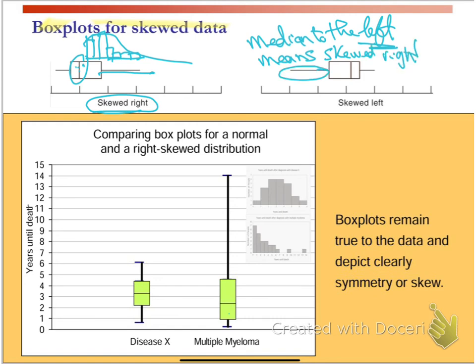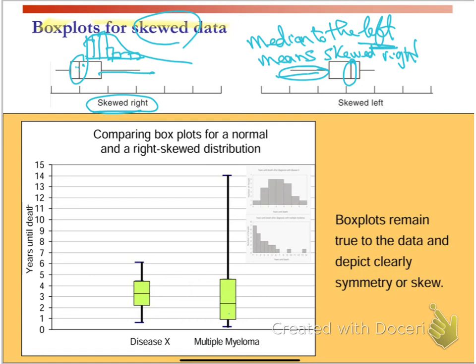If the tail is here to the left, then it is skewed to the left. The word skewed means the tail, okay? But you can also make sure with the median: if the tail is to the left, it's skewed left, and the median is to the right. Just to make sure. Here it gives you an example.